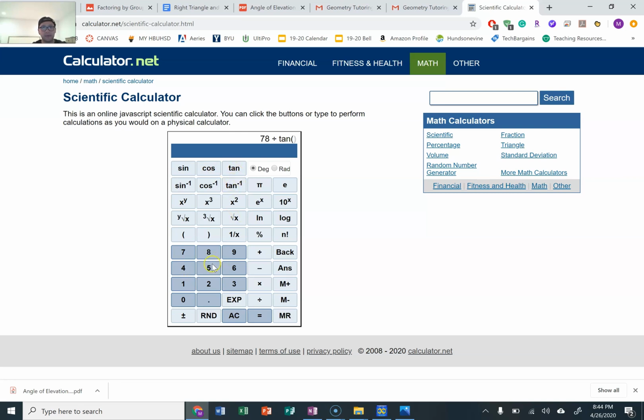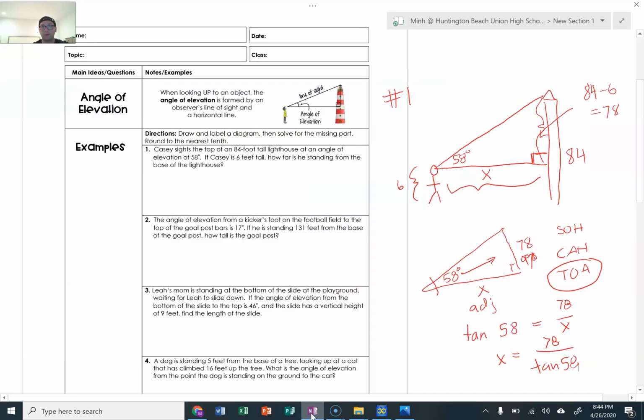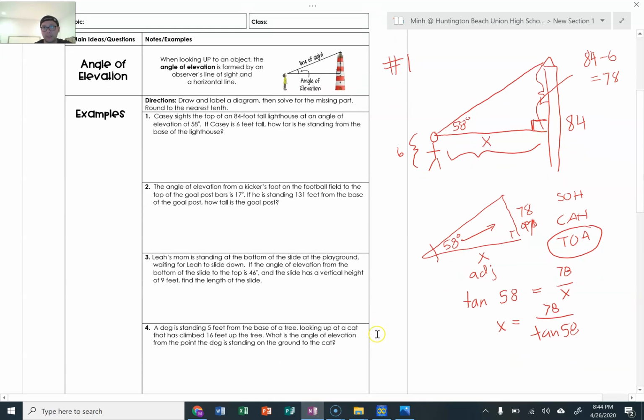Tangent 58. Going to close it. So I have, if we're going one decimal place, 48.7. So going back, the distance from Casey to the lighthouse is going to be 48.7 feet. All right. So that's how we're going to approach these word problems.